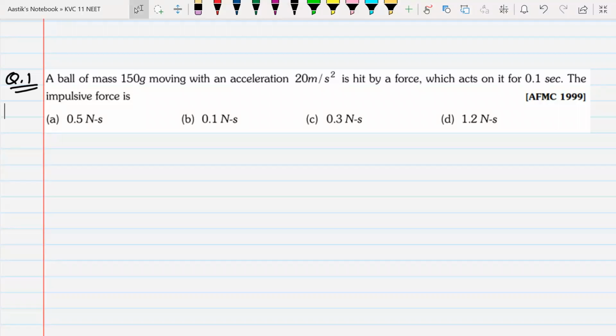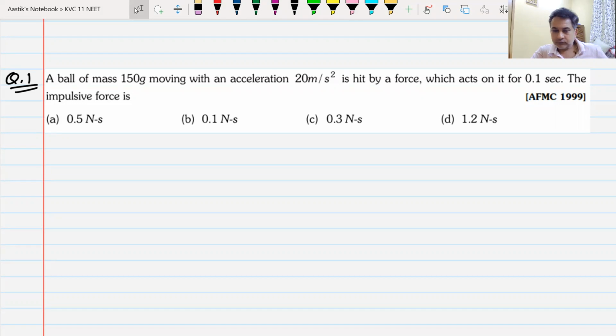Anyone able to do it, or shall I help? Anyone got the answer?